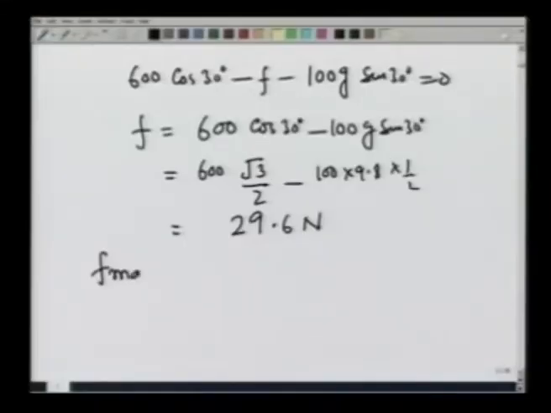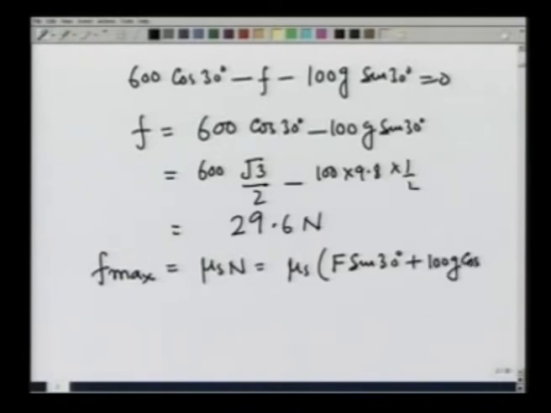If the maximum frictional force that can be generated is greater than this, the block will be in equilibrium. If not, then the block will start moving. So, let us see what is the maximum possible value of the frictional force. This is mu s N, and we have already calculated that N is equal to F sine of 30 degrees plus 100 g cosine of 30 degrees.